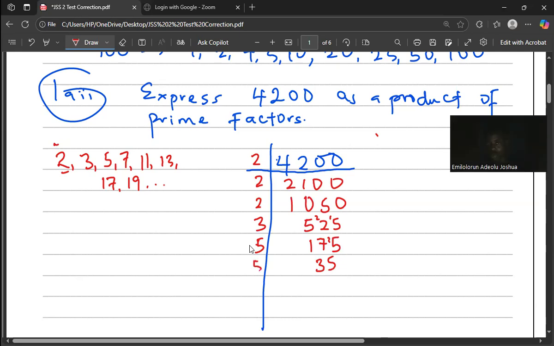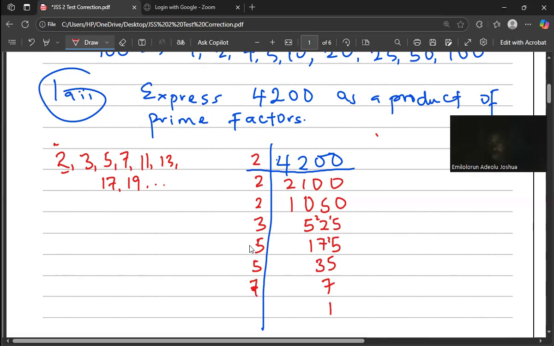So we go on again with 5. 5 into 35 is 7. So the next number we are using is 7. So here we have 1.